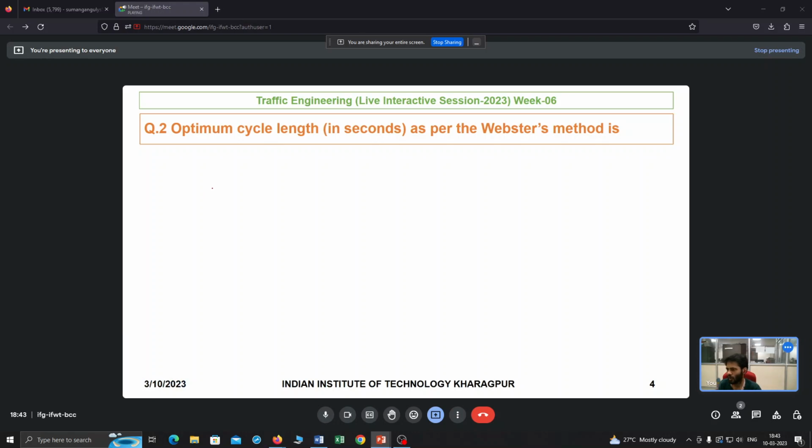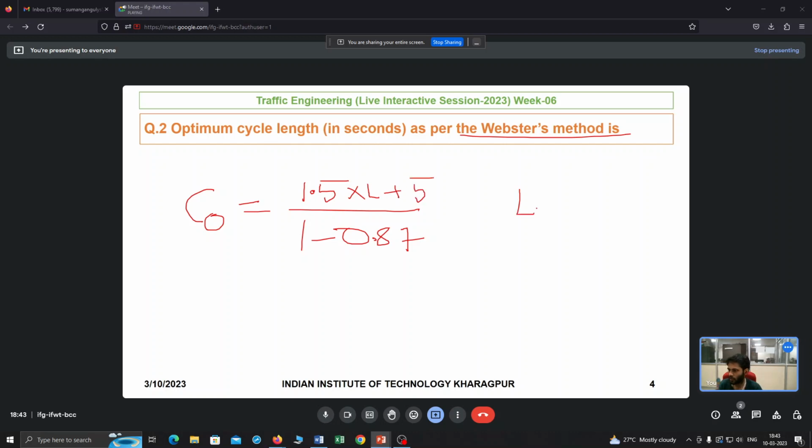As per the Webster method, your optimal cycle length C0 is 1.5 into L plus 5, divided by 1 minus 0.87, right? Generally L is 2n plus R. Here it is a two-phase signal, so 4.